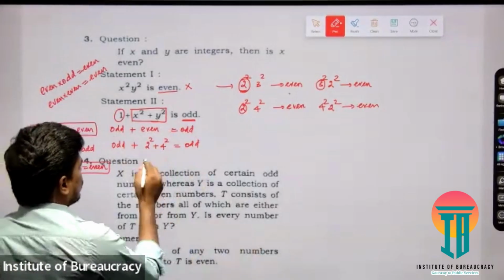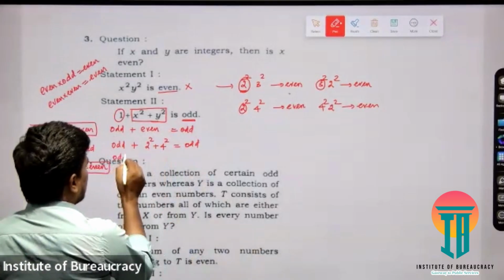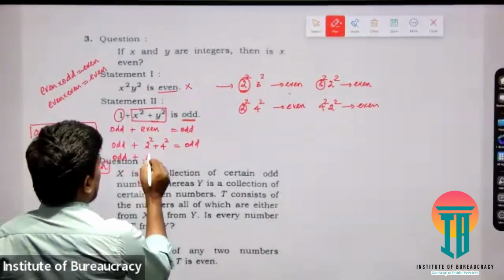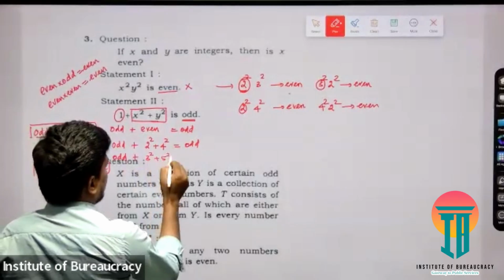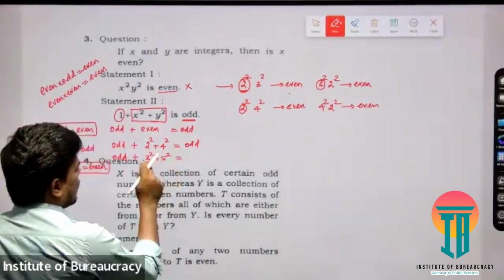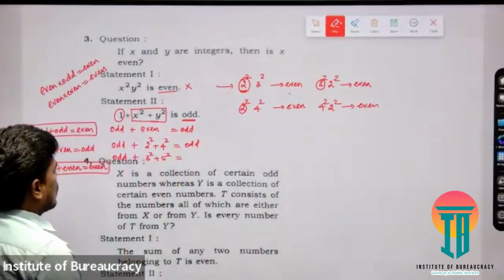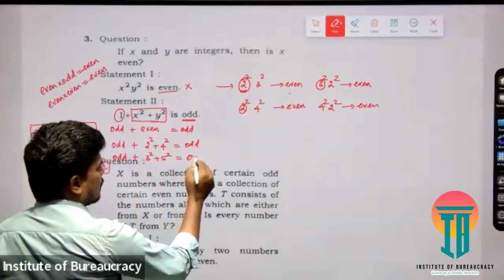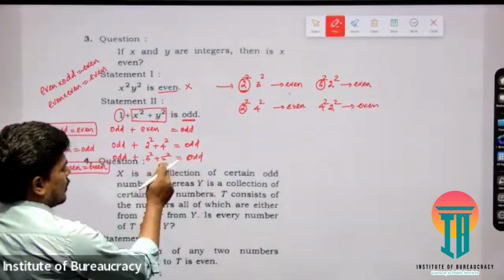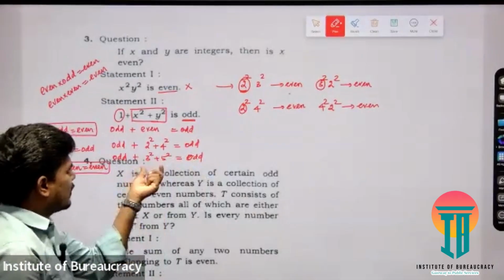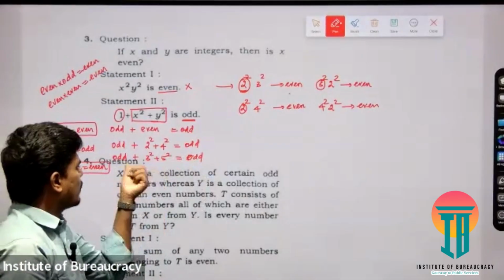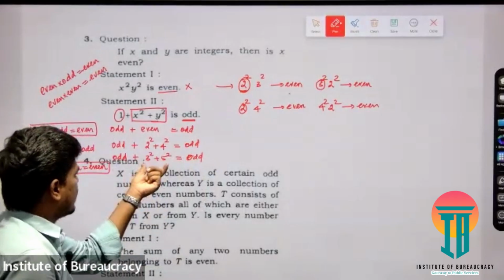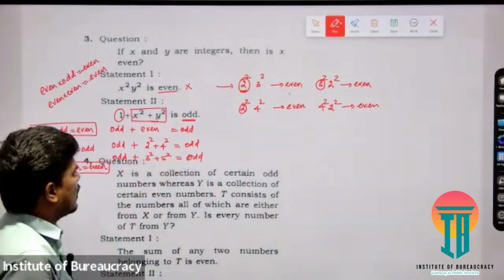If both are odd squares, like 3 square plus 5 square, that is 9 plus 25, 34, plus 1 is 35, an odd number.